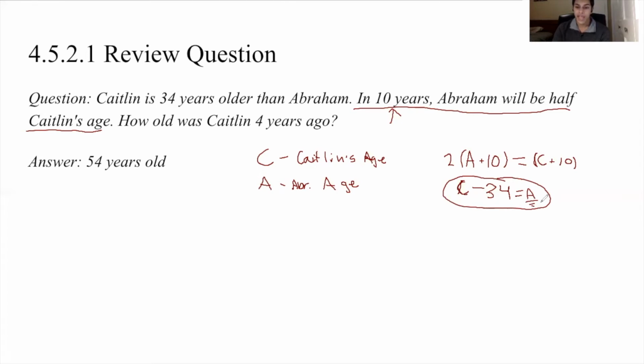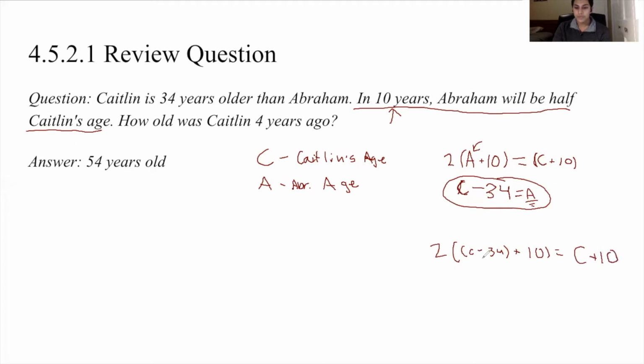So if we know that A is equal to C minus 34, then in our original equation, wherever A is, we can replace that with C minus 34. So 2 times C minus 34, which is previously A, then plus 10 equals C plus 10.